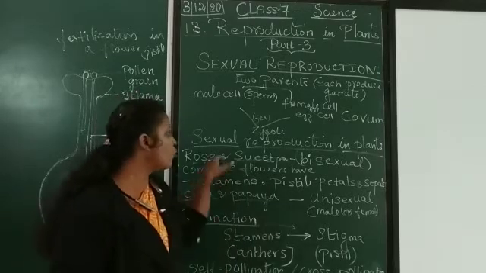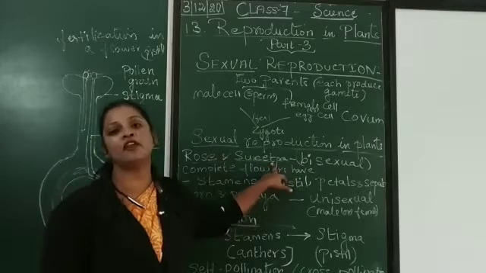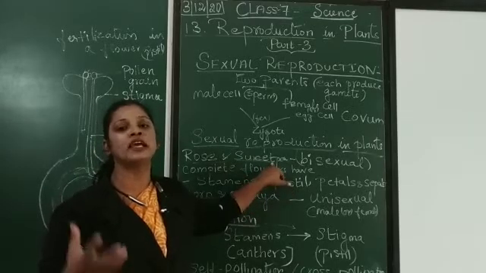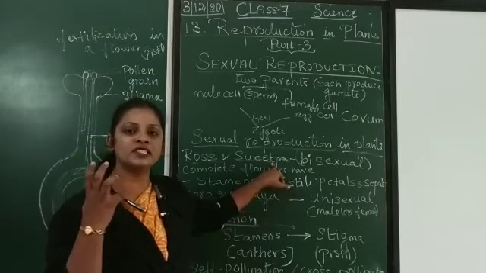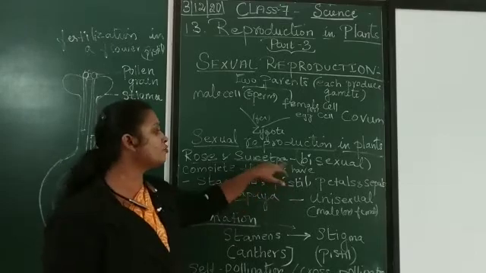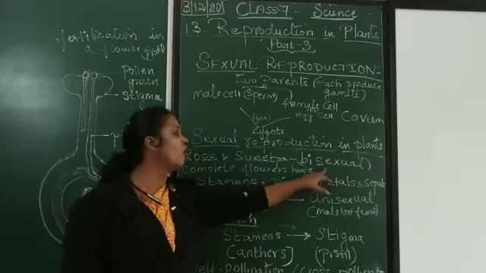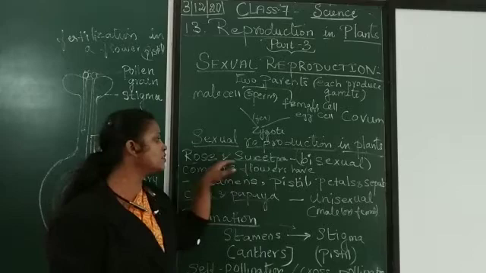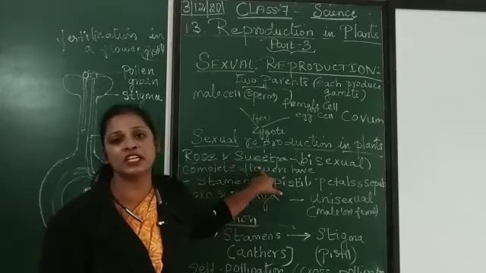For example, rose and sweet peas. Not every plant will reproduce in the same way. Some are bisexual, like the rose and sweet pea.